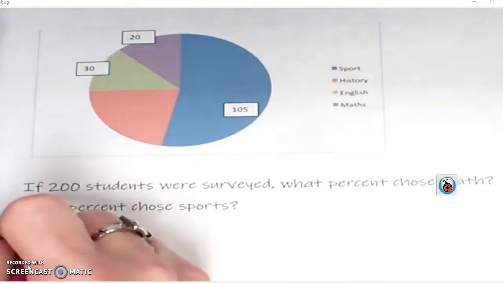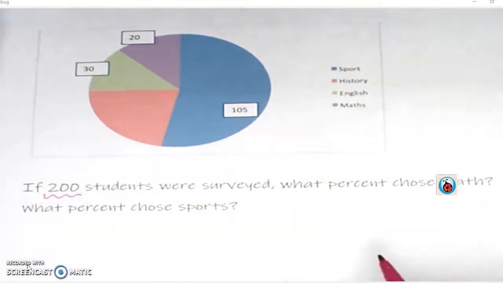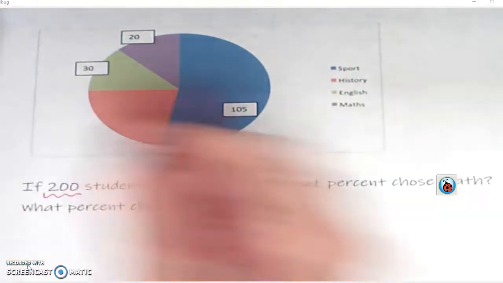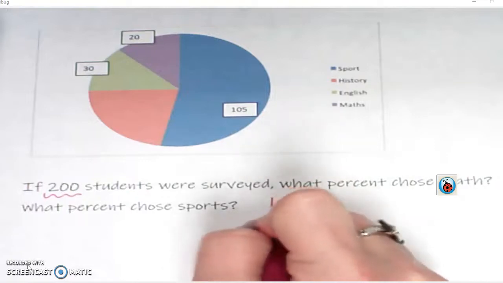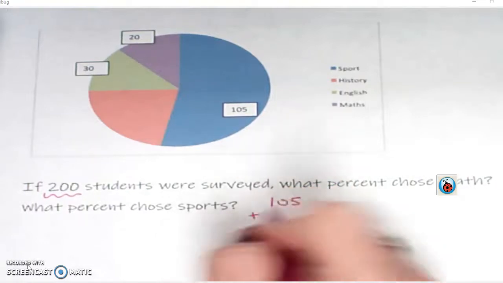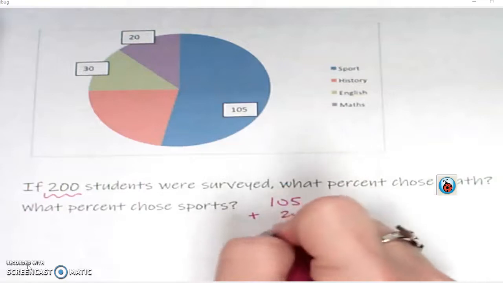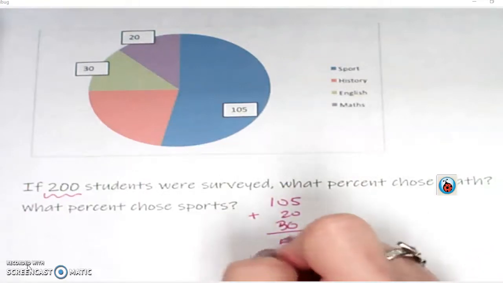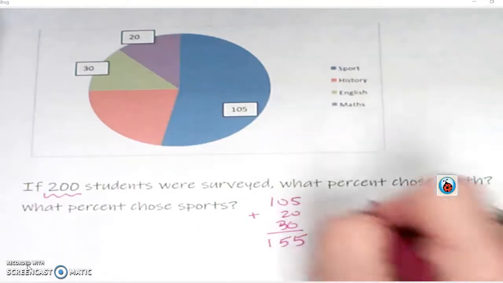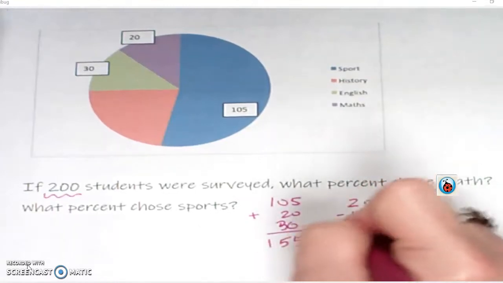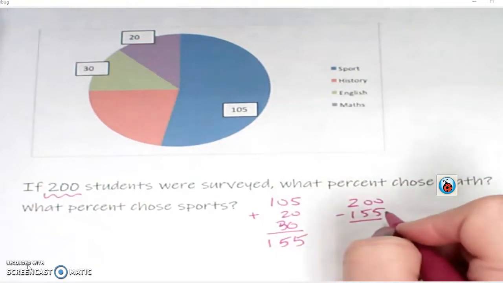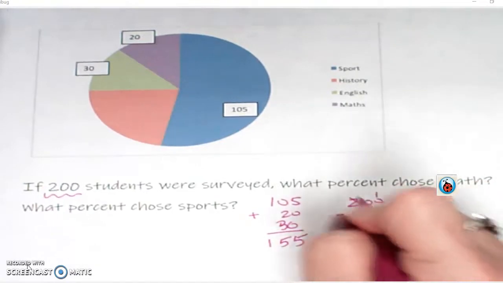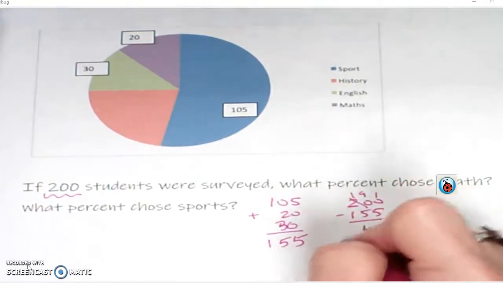Well, right here it tells you 200 students were surveyed. So that means out of 200, we have 105 and 30 and 20. So that's 155. If there's 200 students, that means those choosing history are going to be 45.